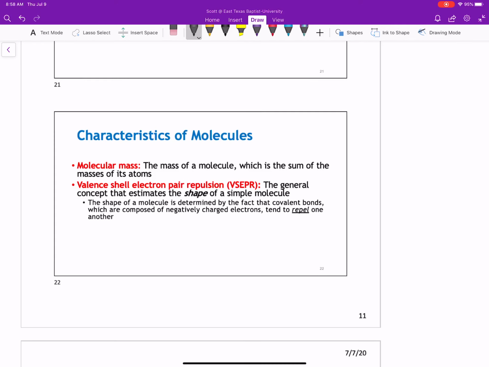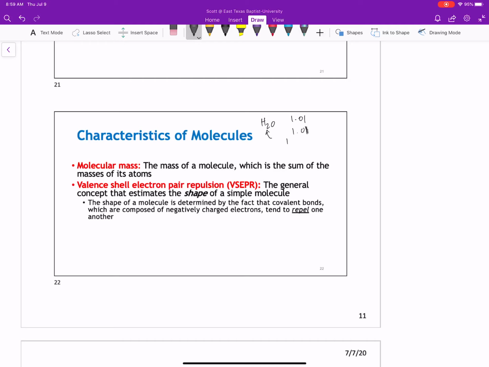So the molecular mass is the mass of a molecule, which is the sum of the masses of all of its atoms. As a simple example, let's do H2O, water. If you look at the periodic table posted in Unit 3, you would notice that H weighs 1.01 if you do the correct rounding. There's two of them, because that subscript tells me that.